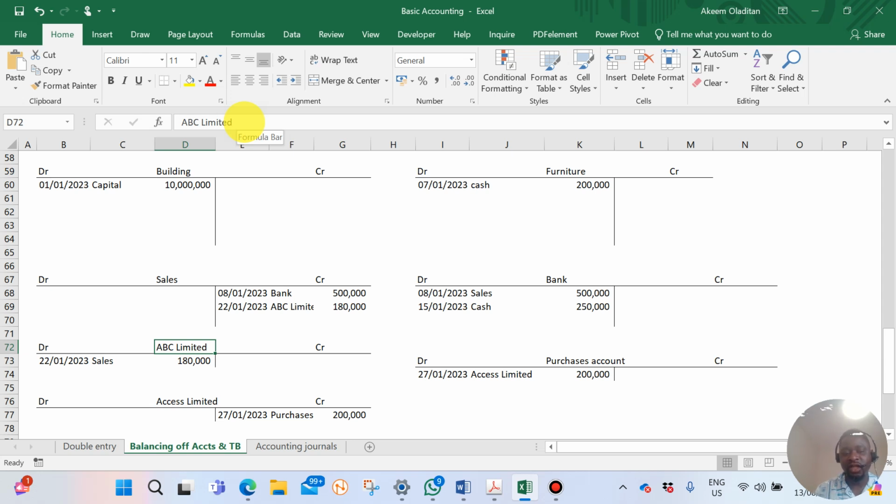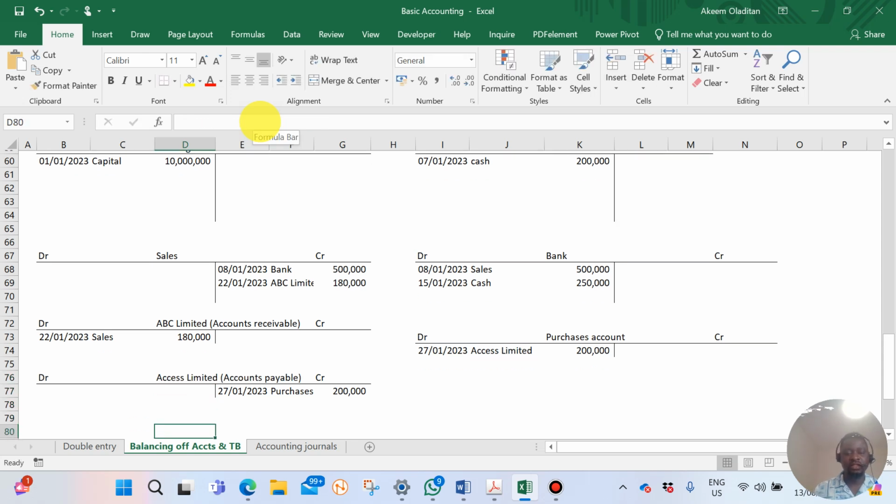So ABC Limited is a debtor account, or accounts receivable. The other one is Assets Limited, which shows that the company sold goods to us. So we purchased goods worth 200,000. So it's accounts payable.